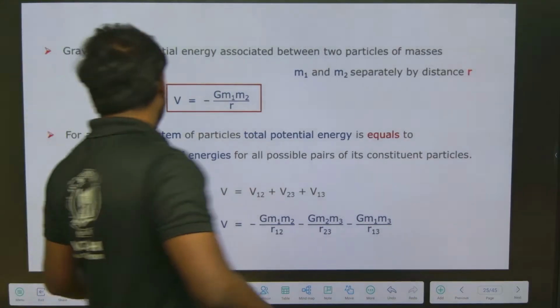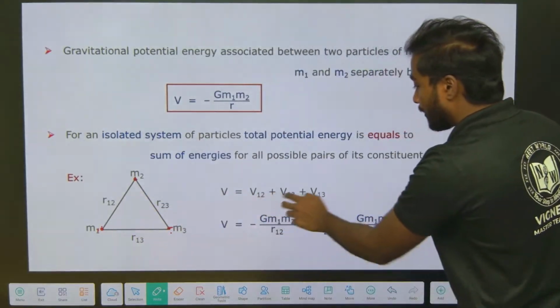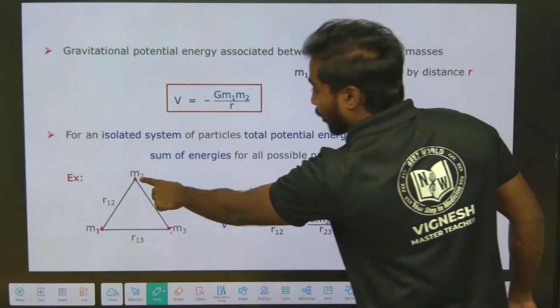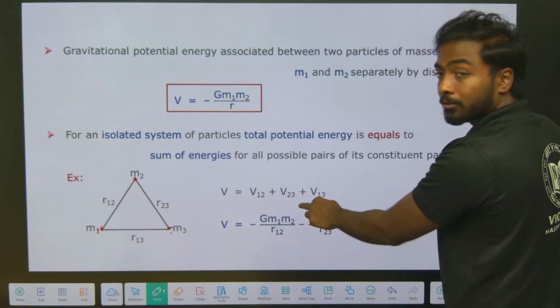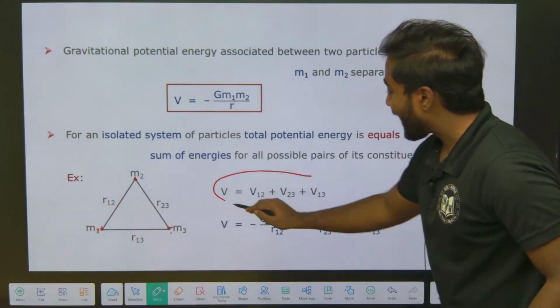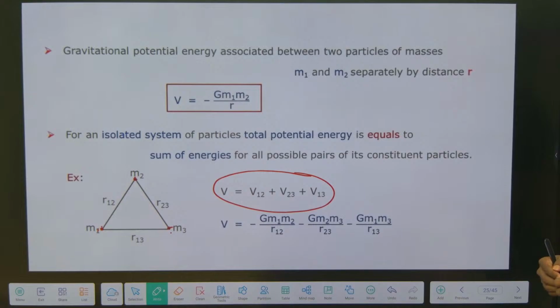When I talk about M1, it acts on 2 and 3, so 12 and 13 are there. When I talk about 2, 1 and 3, 1 is already there, so only 3 is added. This is how we add the potential energy for the given objects.